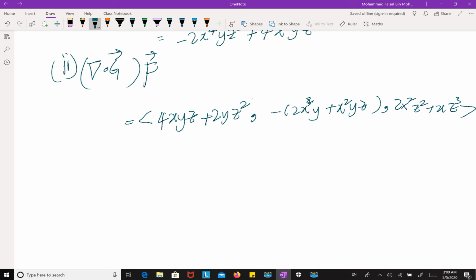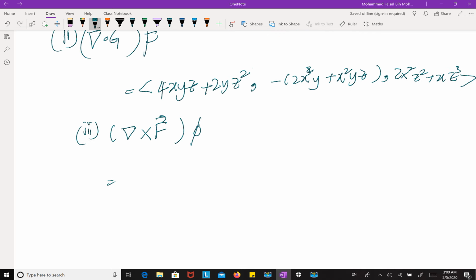And then number 3, del cross F phi. So first you have to do the cross product, and then you have to multiply with phi. Still you end up with the scalar, vector. Then your answer will be 2x squared yz cubed times 2y minus z squared.